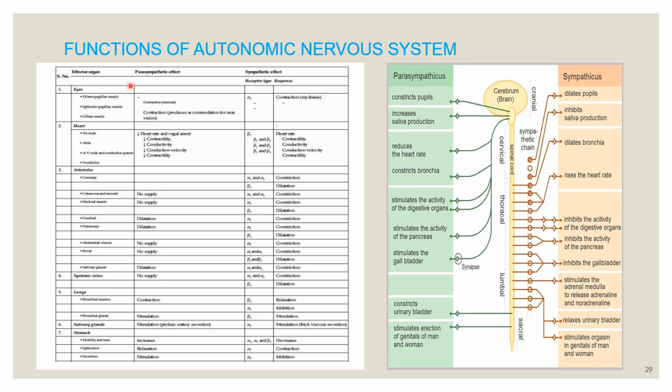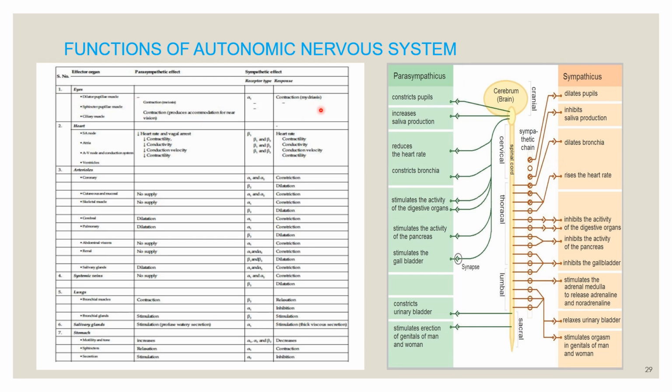The dilator pupillae muscle is not innervated by the parasympathetic nervous system. It only has alpha 1 receptors of the sympathetic nervous system. So stimulating alpha 1 receptors in the dilator pupillae leads to its contraction, which leads to mydriasis.